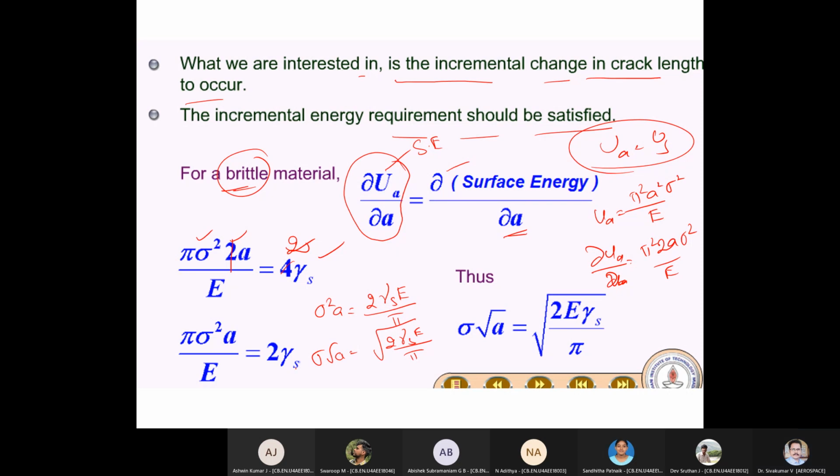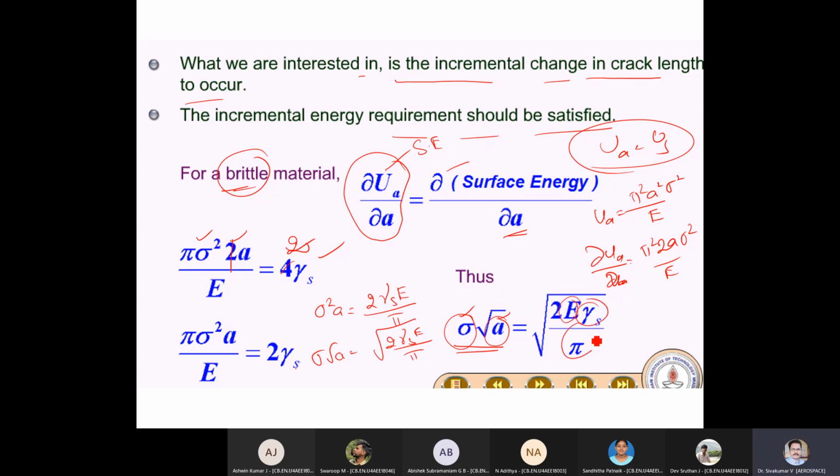So what is this? σ into root A, because these are all the actual. This you are giving, this it is creating. On the right side, it is a material property.